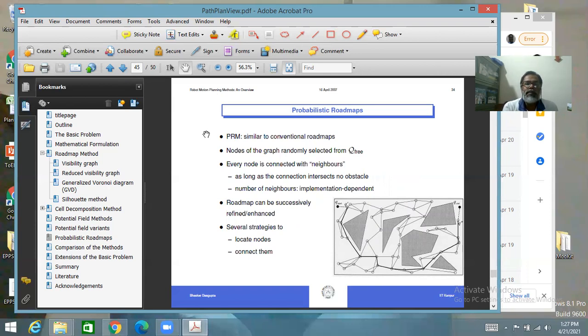So, probabilistic roadmap method is a method similar to conventional roadmaps, but the nodes of the graph are randomly selected from Q free. Starting from a point, you can say that nearby 3 nodes I will explore. If the nodes are free and the direct path to these neighborhood potential nodes is completely free, then we connect them as edges.